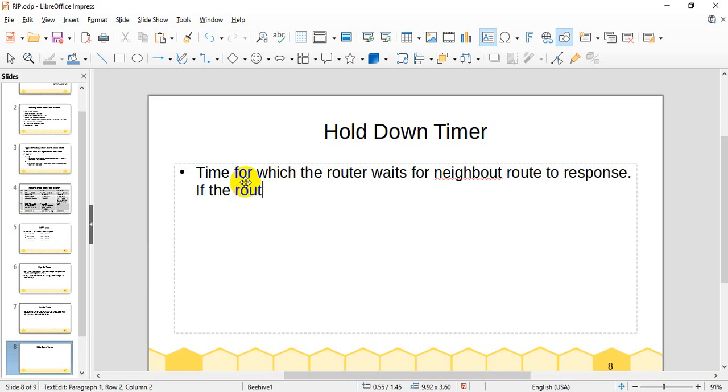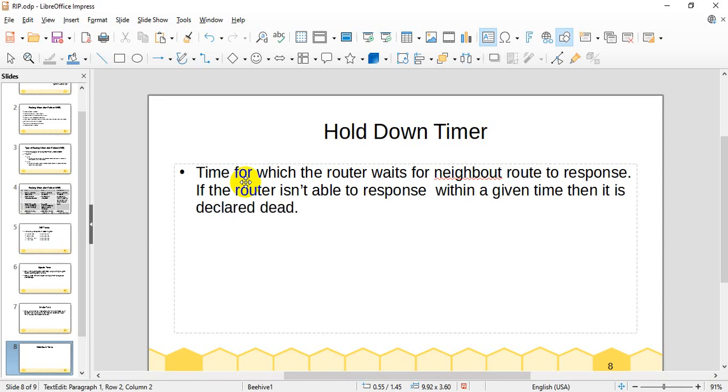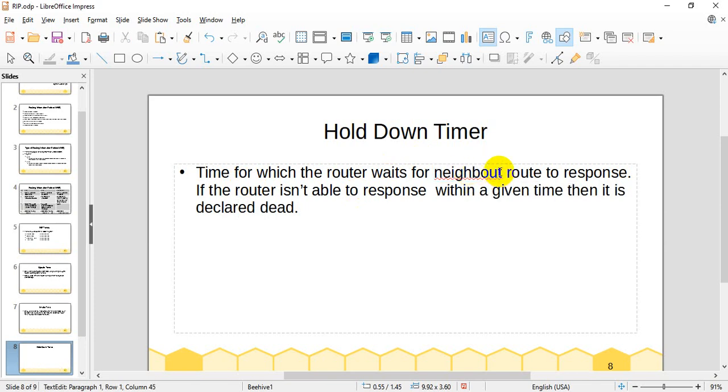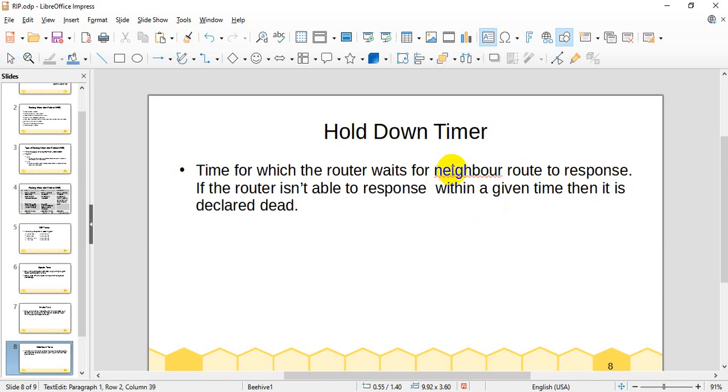If the router is not able to respond within the given time, then it is declared as dead. That means it is not alive in the network. It is not in the network. Neighbor.